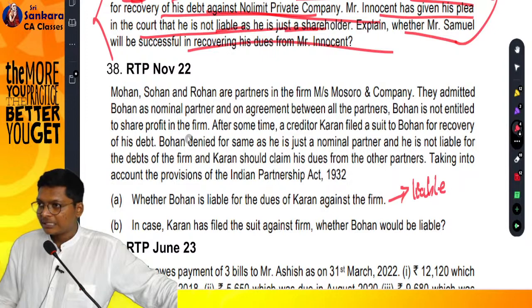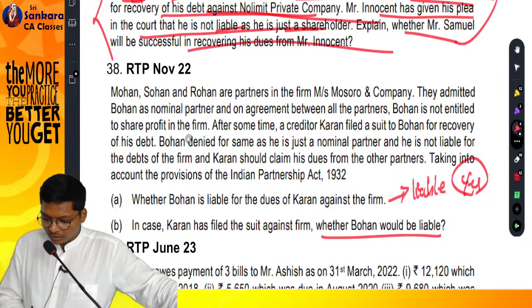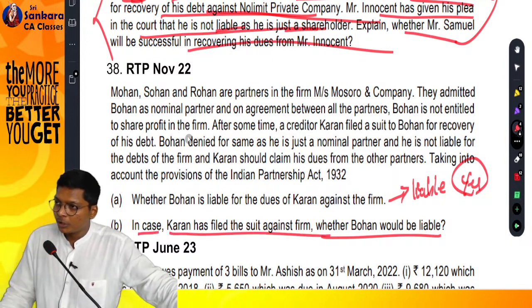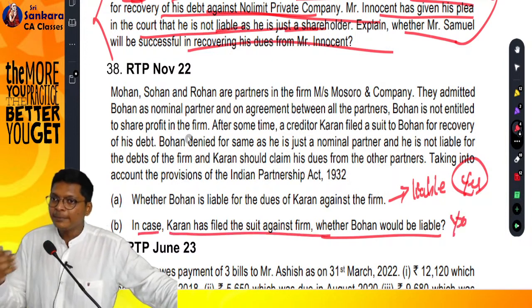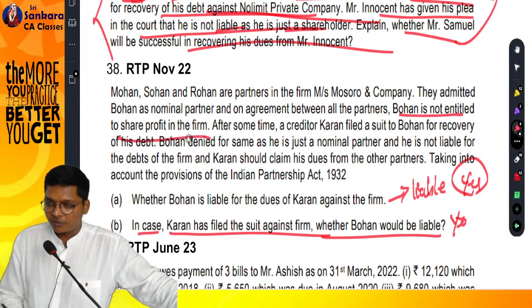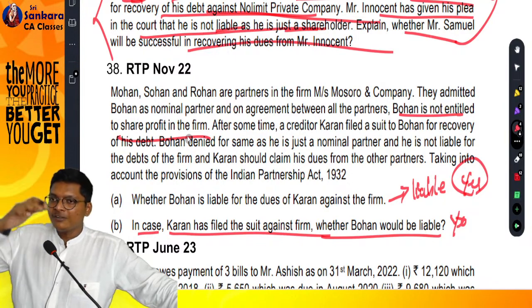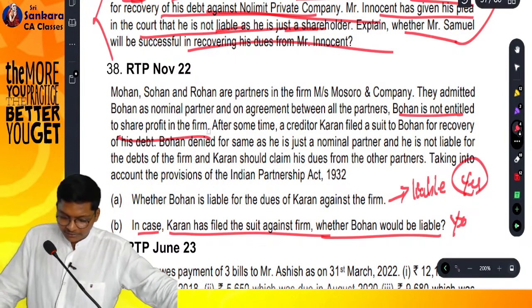Is he liable? Yes. Liable for what? Liable to third party. Will Bohan be liable even then? In case Karan filed a suit against him, is Bohan liable? Yes, still liable to third parties. Bohan cannot say I am a nominal partner, only share of profits. We saw that a nominal partner, whatever partner you are, is always liable to third parties.